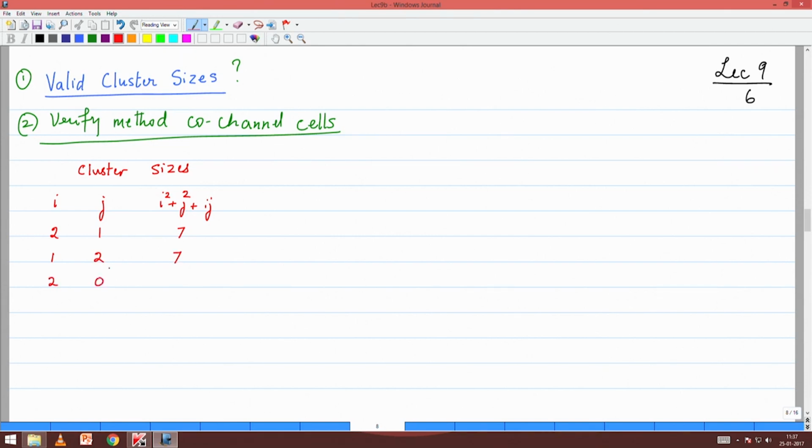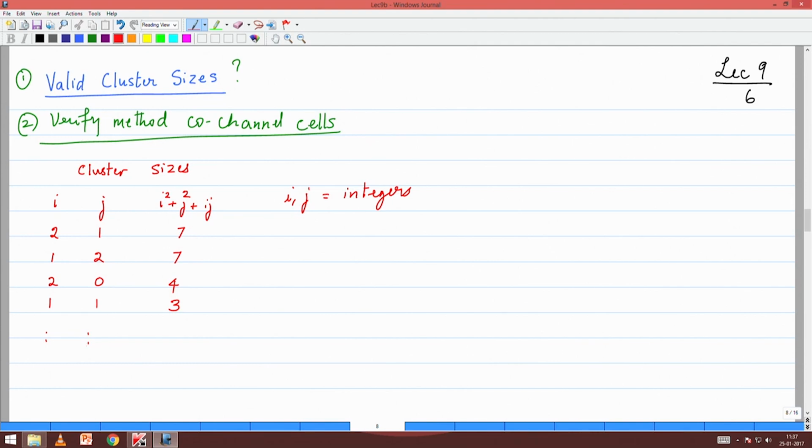I can do this as long as i and j are integers, because in the coordinate system that's what we have, those are the points at which the centers of the hexagons lie. So 2, 0 will give me a cluster size of 4, 0, 2 will also give me a cluster size of 4, 1 and 1 gives me a cluster size of 3, and 1 and 0 says it's a single cell cluster. That's really not a cluster, but you can now go on and verify various combinations.